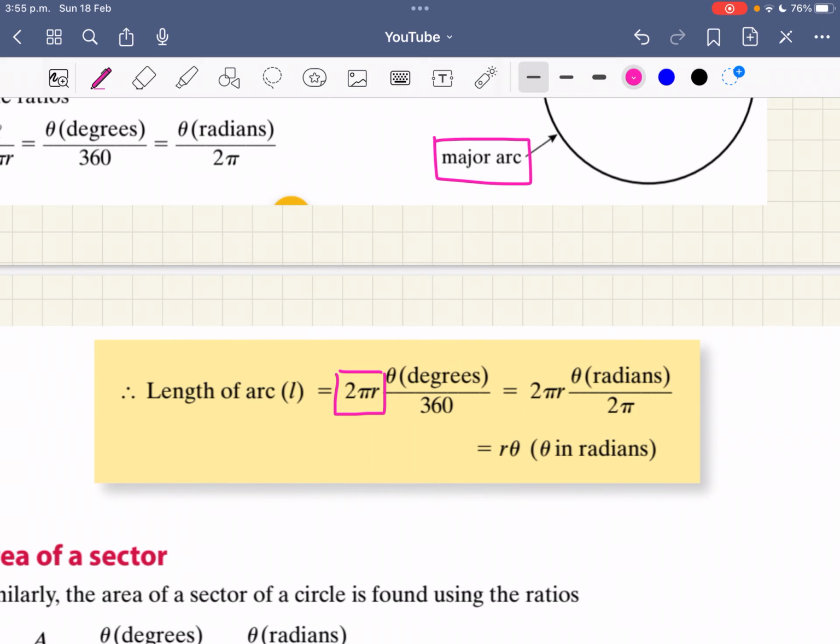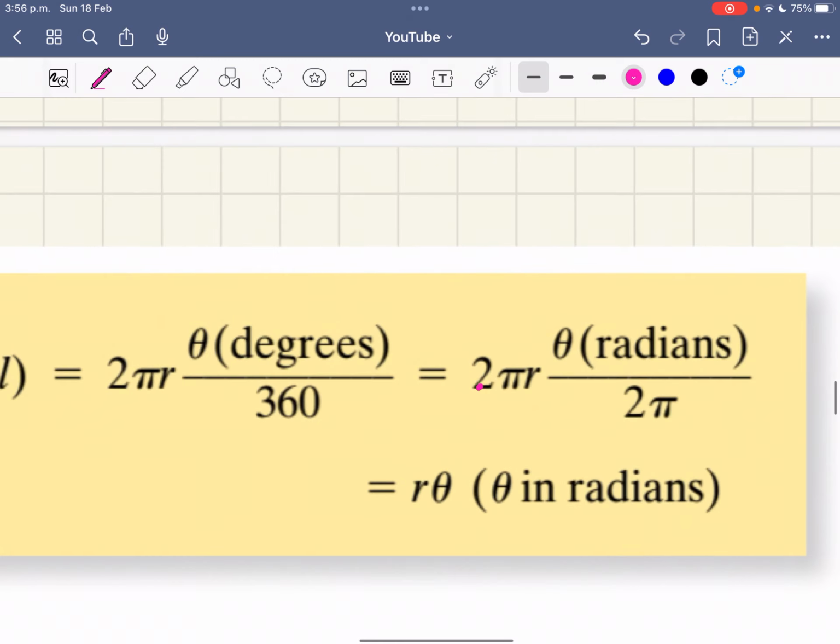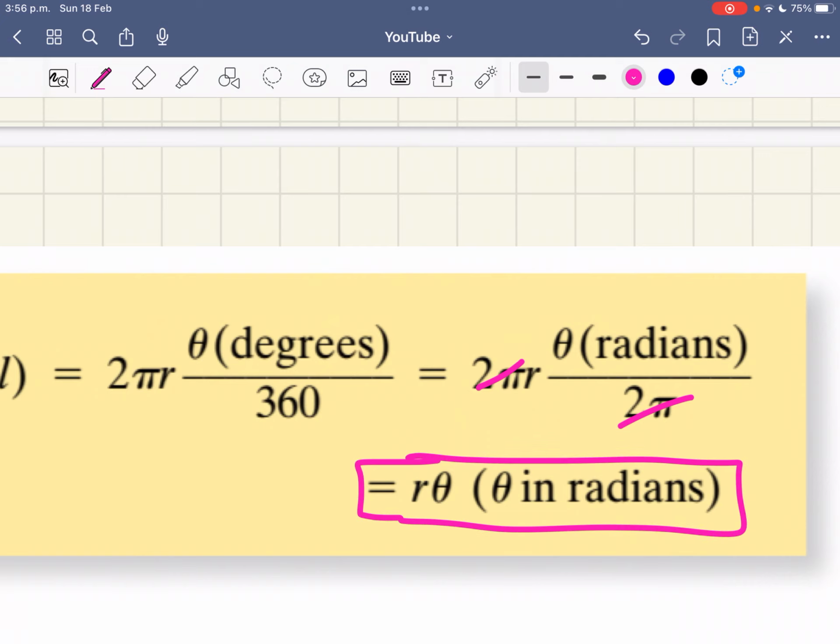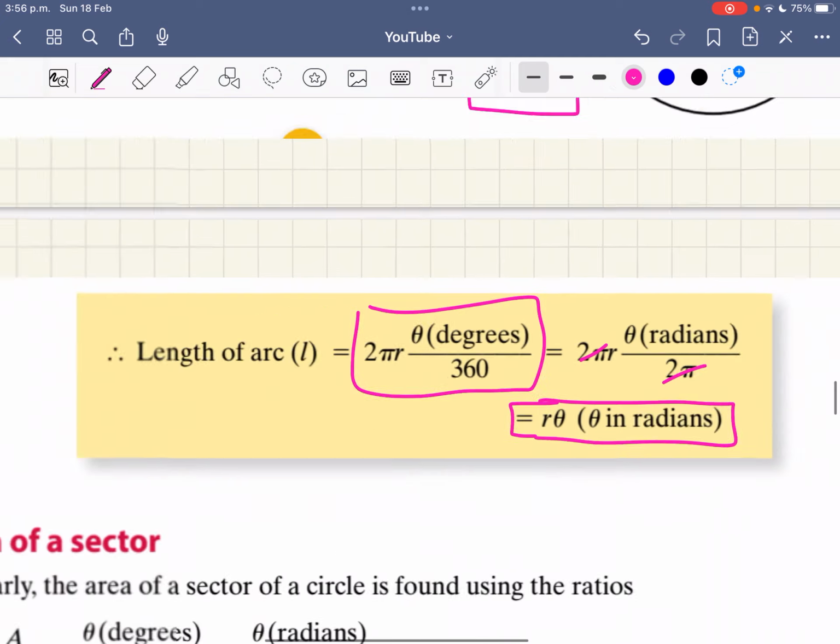So we have the angle out of 360 of your circle. That is what happens there. This formula is in your log tables, in degrees over 360, or in radians. What happens here is 2 pi cancels with 2 pi and you're left with r theta. That is also in your log tables.